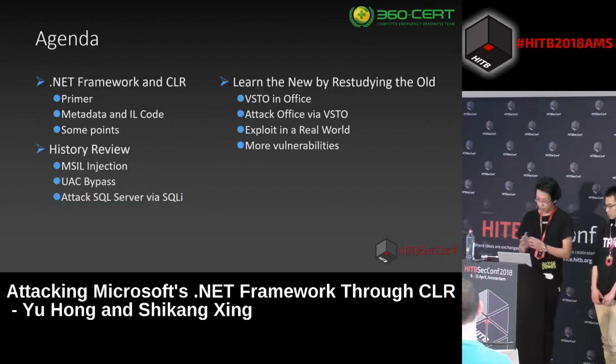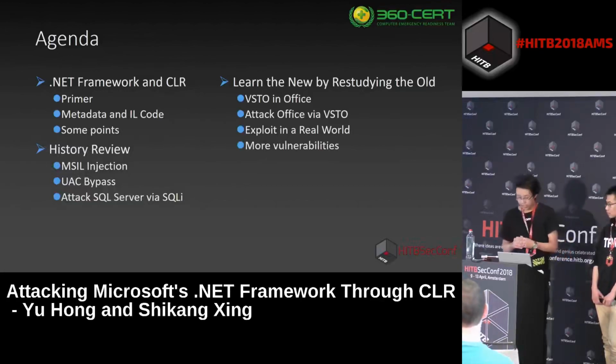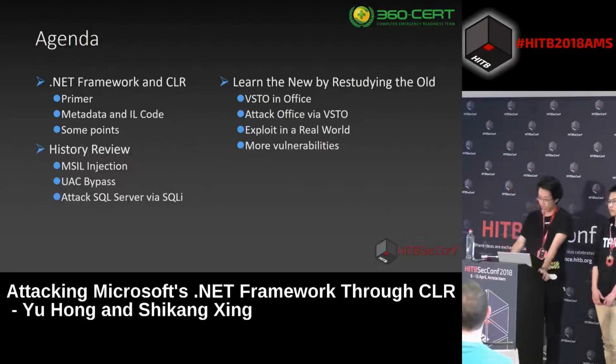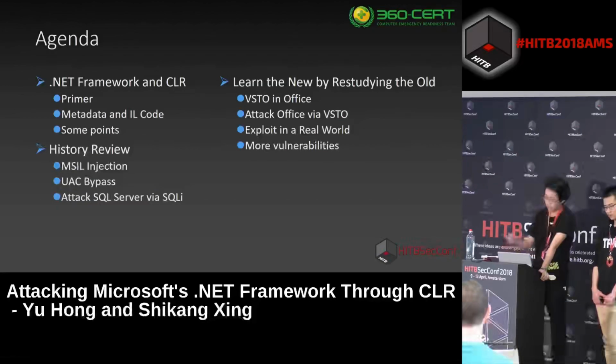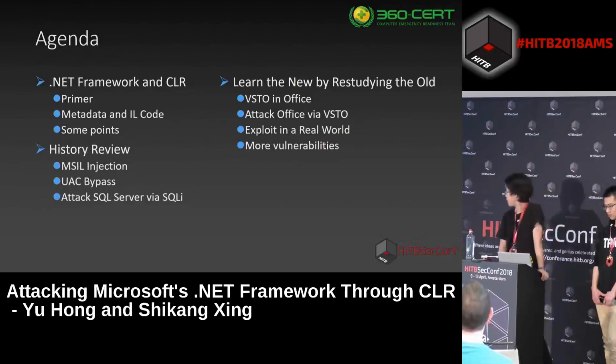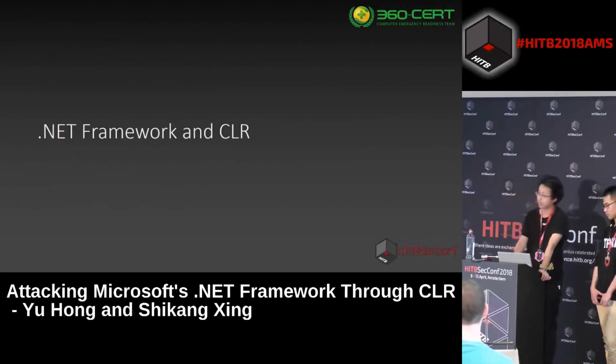We will introduce the VSTO weakness and show some effects of VSTO attacks in the real world. Last but not least, we will introduce the fuzzing model for CLR and how we can find more bugs in CLR security research.